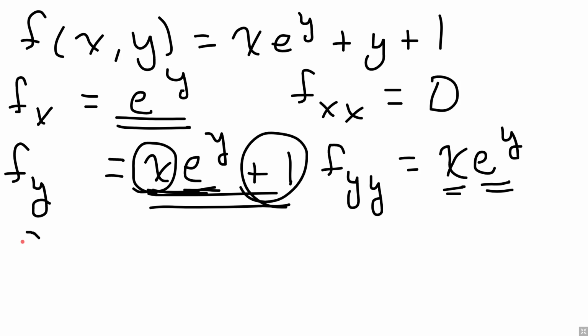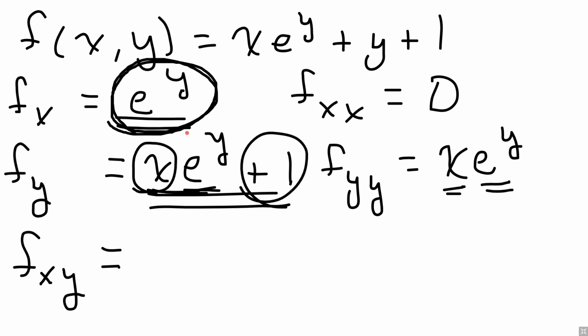So if we do the partial of f in respect to x, then in respect to y, now I'm going to take the derivative of this in respect to y. And what would that be? Yes, it's just going to be e to the y. And that will be the mixed partial.